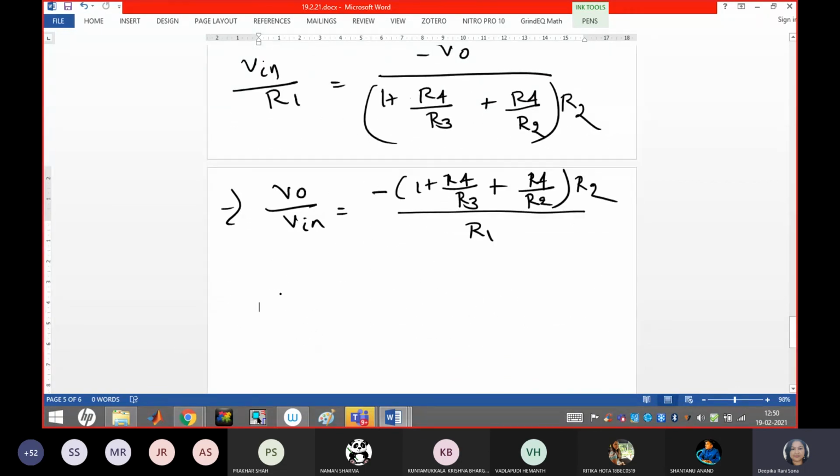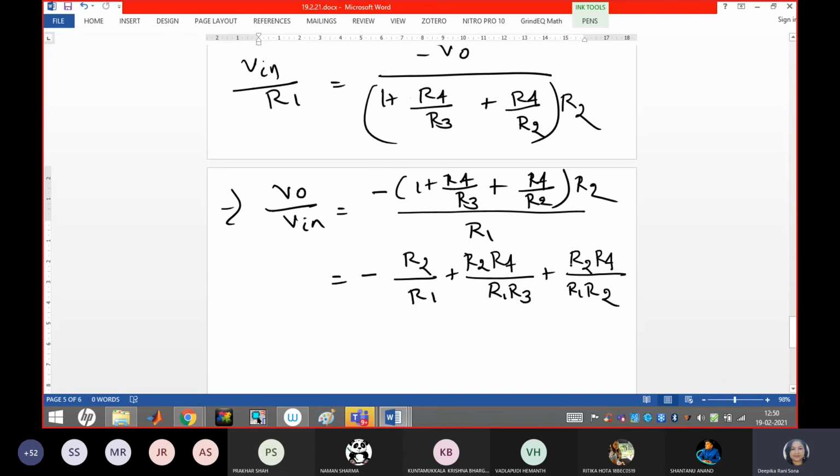The same line can be represented as minus of R2 by R1 plus R2 R4 by R1 R3 plus R2 R4 by R1 R2.